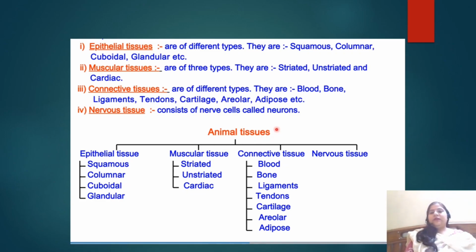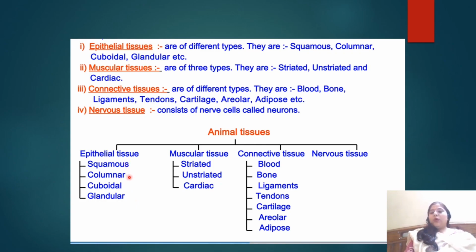In this flow chart there is a further classification of these tissues. So one by one we are going to understand the different types of animal tissue and their further divisions. Coming back to the first type, epithelial tissue. Epithelial tissues are classified as squamous epithelial tissue, columnar epithelial tissue, cuboidal epithelial tissue and glandular epithelial tissue.